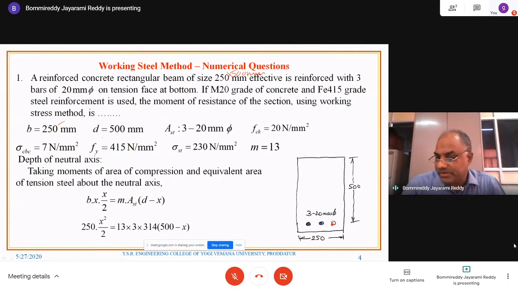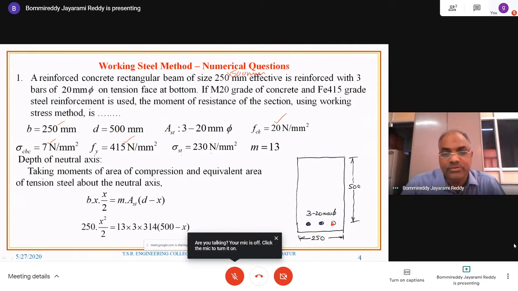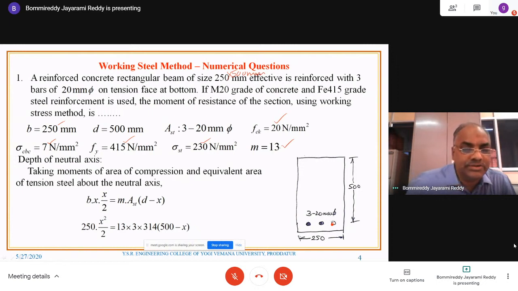M20 grade of concrete means fck is 20 and sigma CBC is 7. And 415 grade steel means fy is 415, and by using factor of safety, permissible stress in steel is 230 Newton per mm square. Accordingly, modular ratio, 280 by 3 sigma CBC, for M20 grade of concrete, you will get 13.